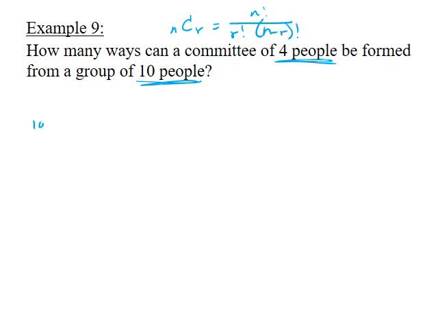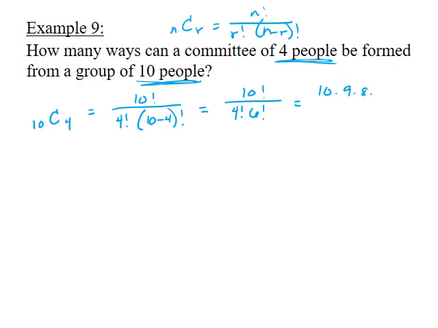In this case, we have 10 people and we are going to choose 4 of them. So our work will look like this. We can simplify this and continue. The 6 factorials will simplify, and our final answer is 210.